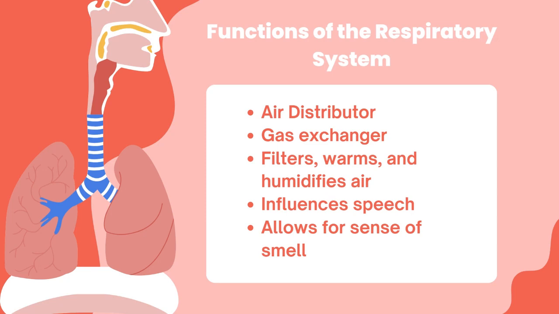And also, there are five functions of the respiratory system, and these are: the respiratory system is the air distributor, gas exchanger, filters, warms and humidifies air, influences speech, and allows for sense of smell.